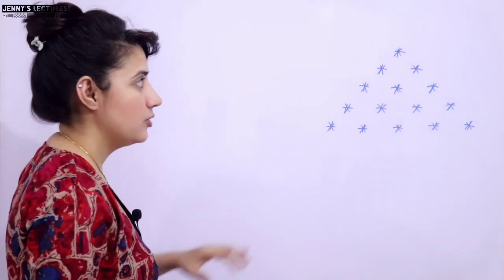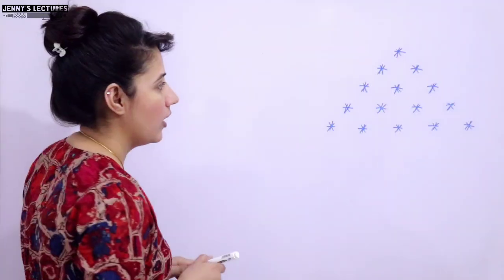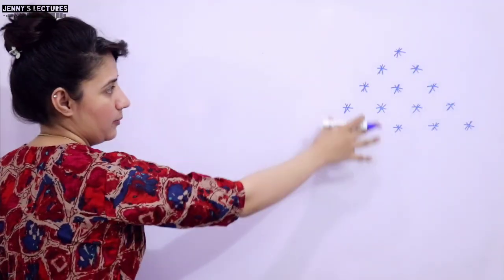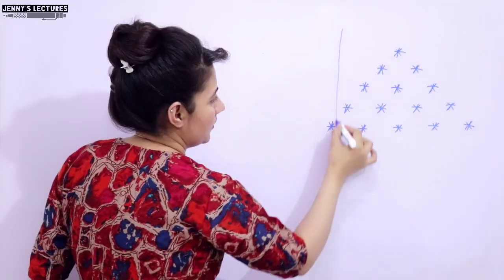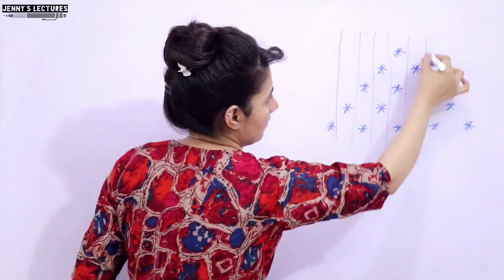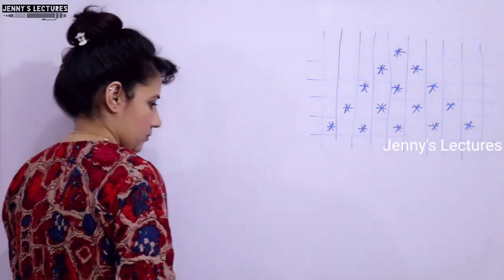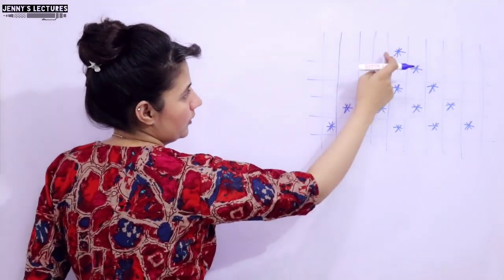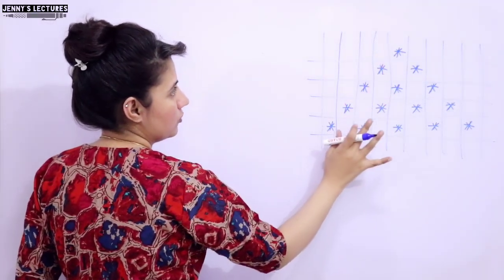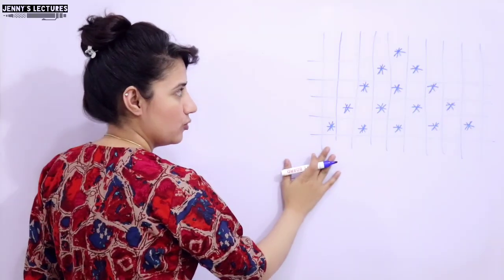Now first thing, when you see the pattern, you have to check the number of rows and number of columns. So let me draw it something like this. Now see, here how many rows? You have to print 1, 2, 3, 4, 5, right? So one loop is for number of rows.